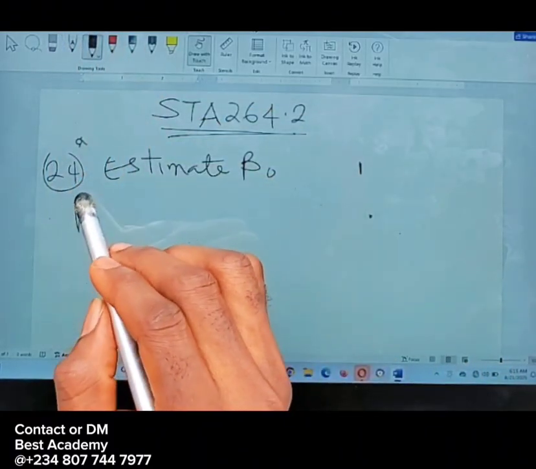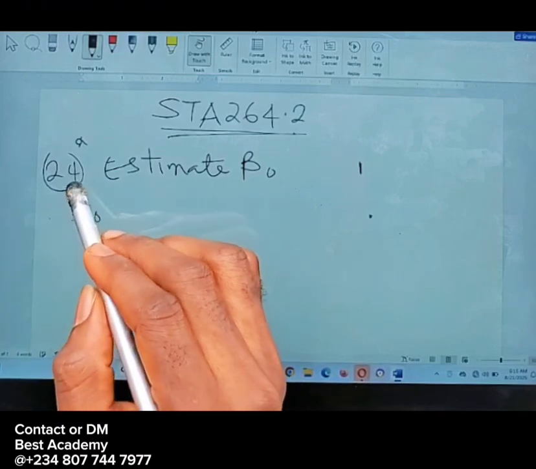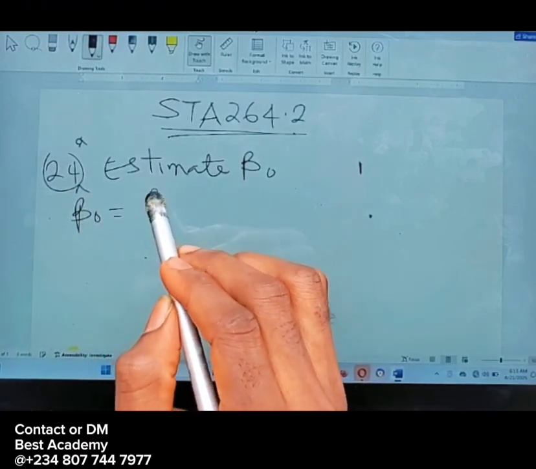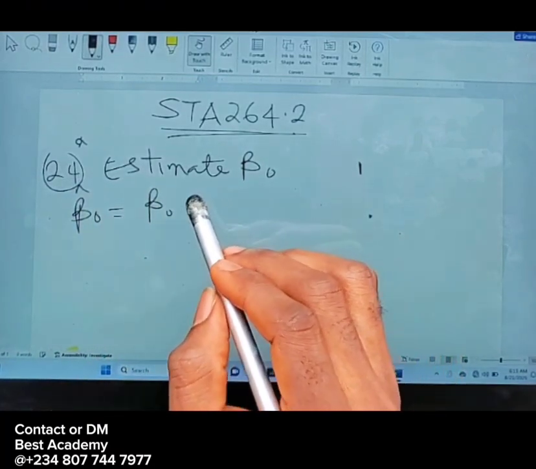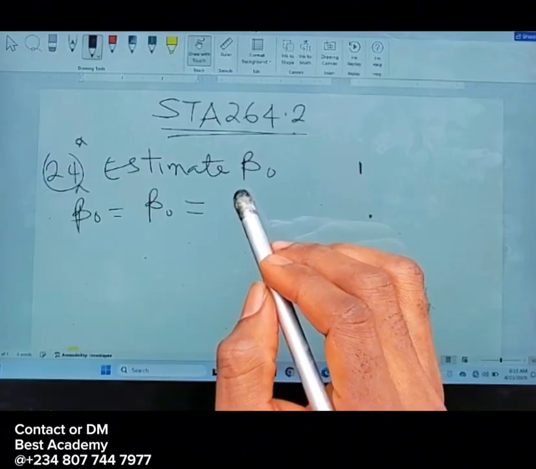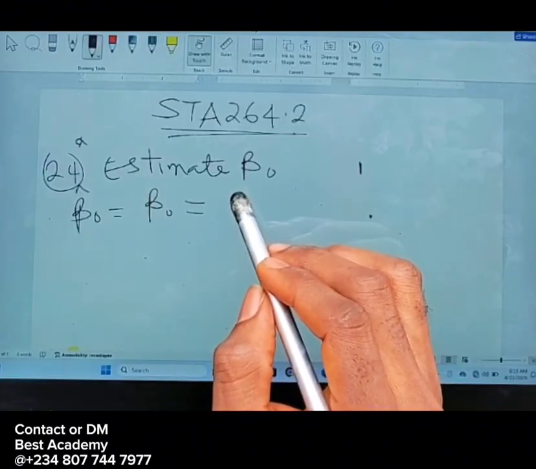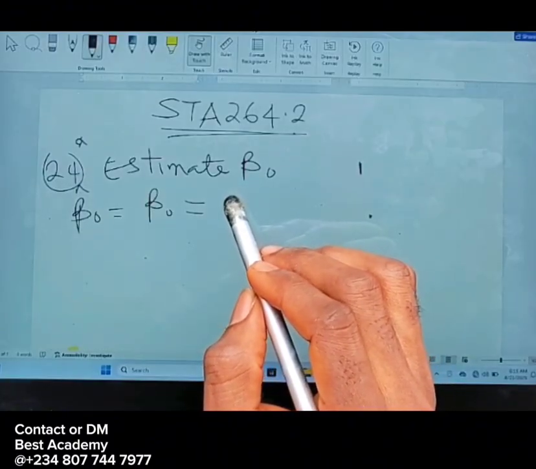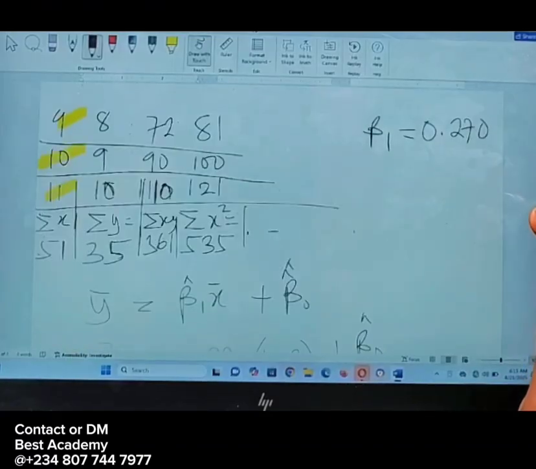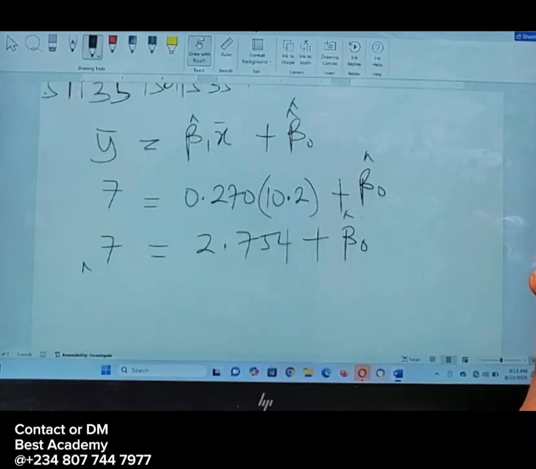Remember, we said that beta naught hat is the same as beta naught, and what is our value for beta naught?